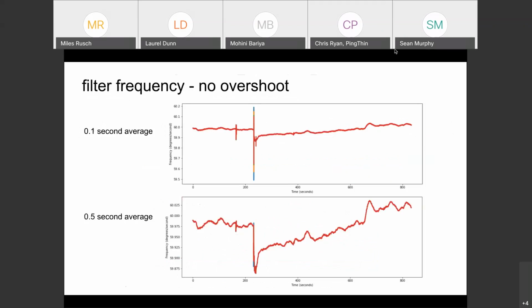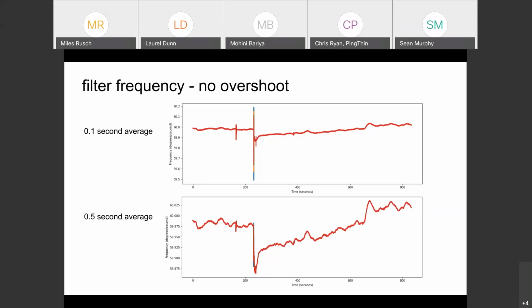So here we are applying 2 moving average filters to our data. If our window length is exactly 0.1 seconds or 100 milliseconds, we see that that doesn't provide very much filtering, and our data looks very similar to the raw data.